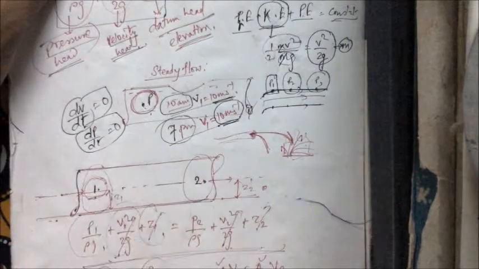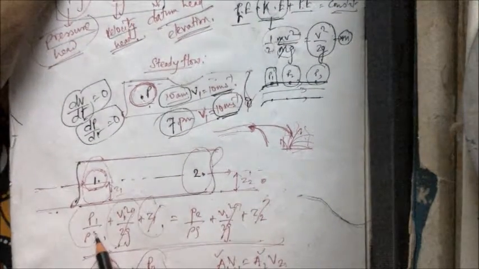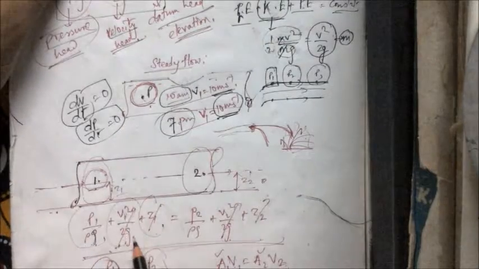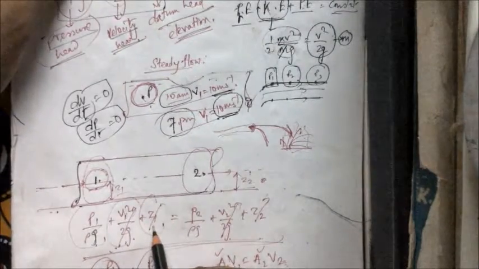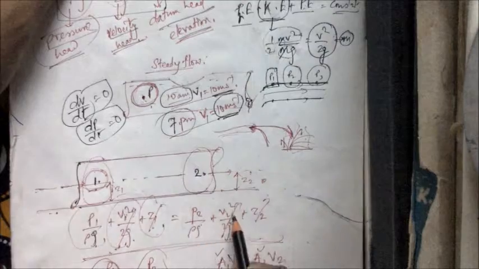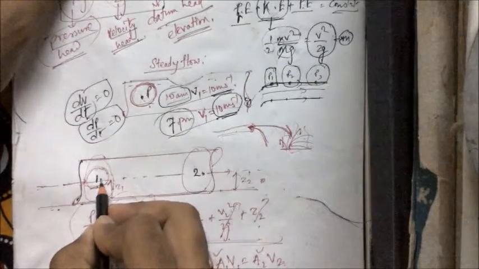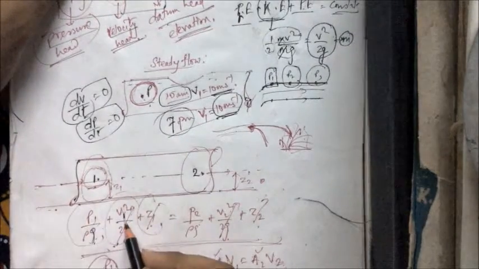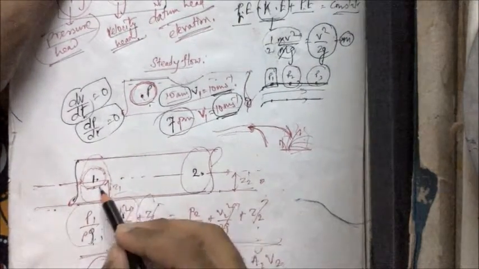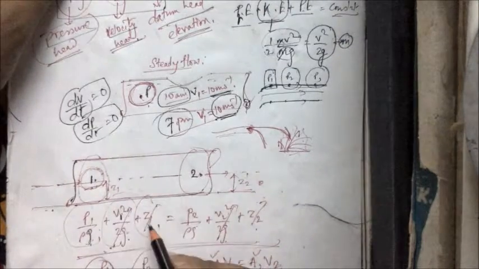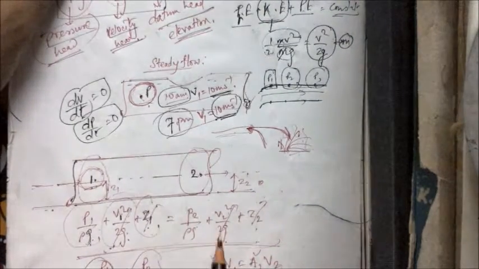So according to Bernoulli's principle, P1 by rho g plus V1 square by 2g plus Z1 must be equal to P2 by rho g plus V2 square by 2g plus Z2. What is P1 by rho g? Pressure head at point 1. V1 square by 2g is the velocity head at point 1. Z1 is the datum head at point 1.